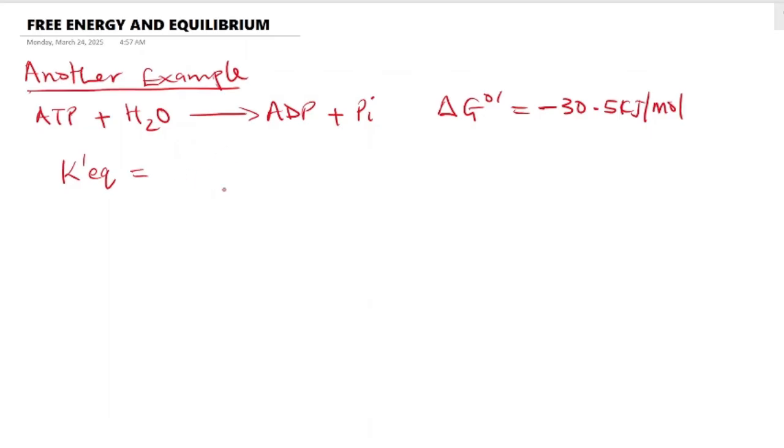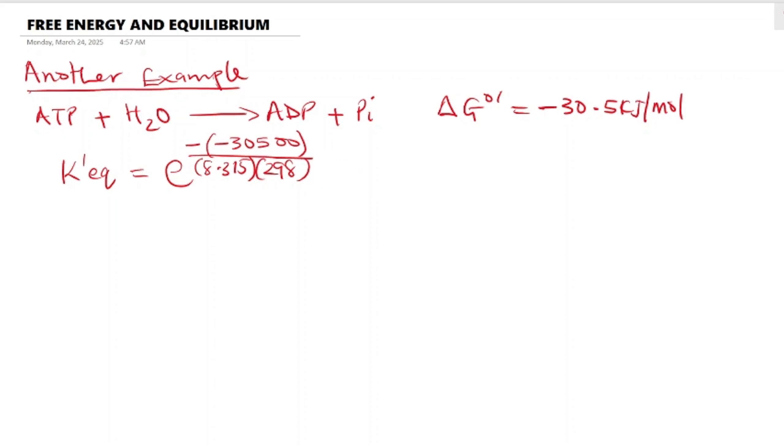We have e raised to the power minus our delta G, which is minus 30,500 joules, converting kilojoules to joules, all over your R, which is 8.315, and your temperature, which is 298.